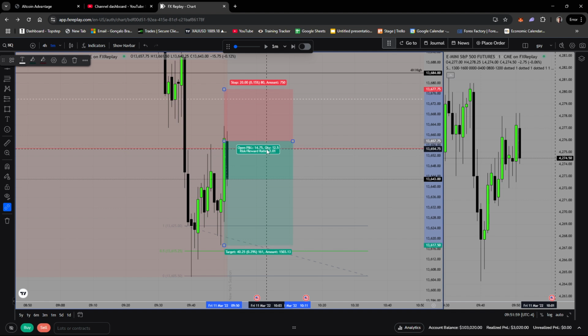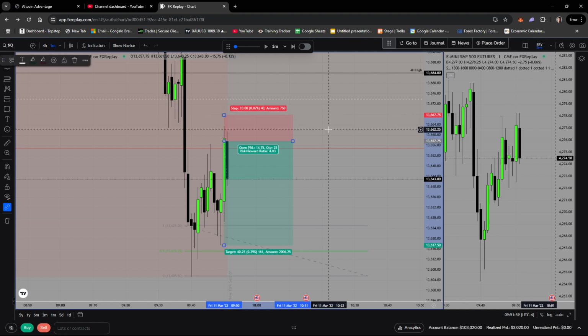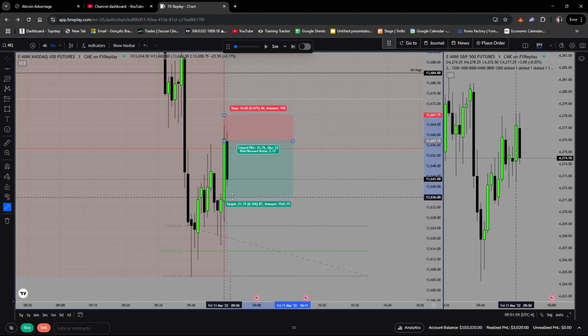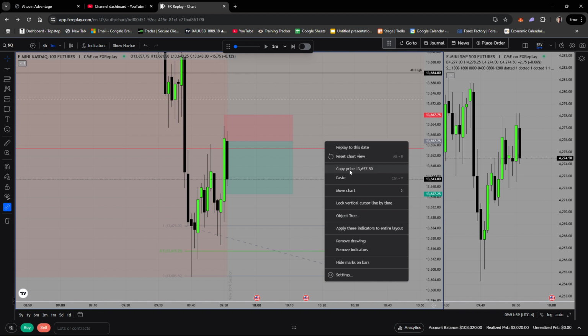Okay. We'll take this again. Does come back. We'll take that. Targets at this gap.